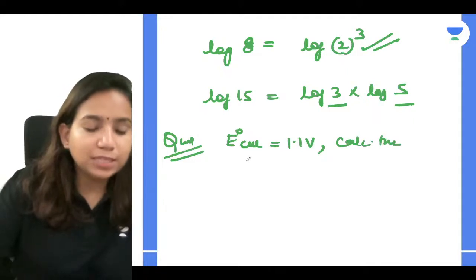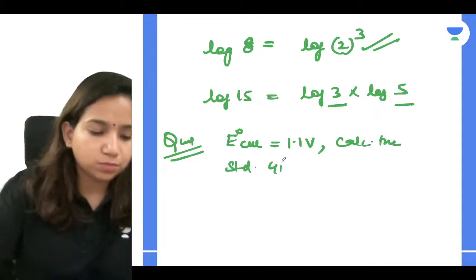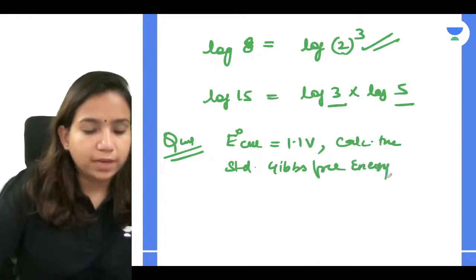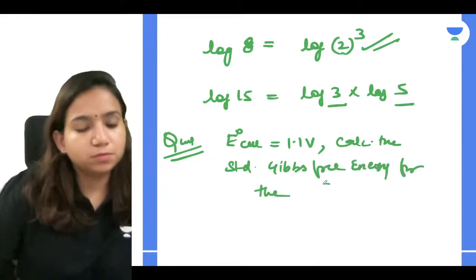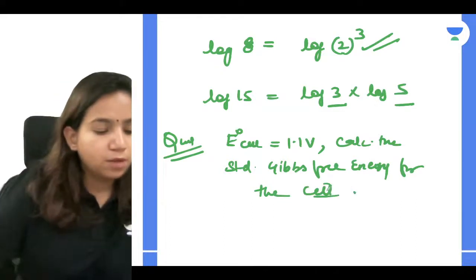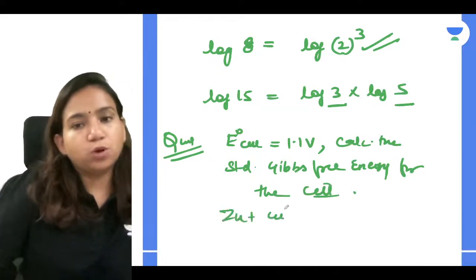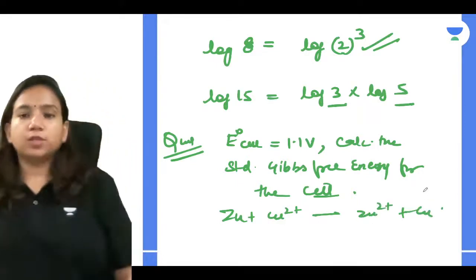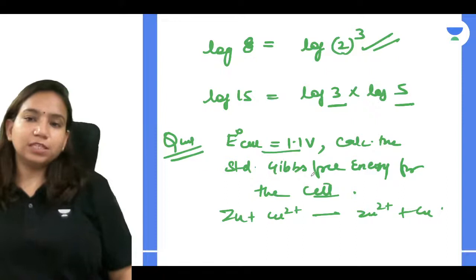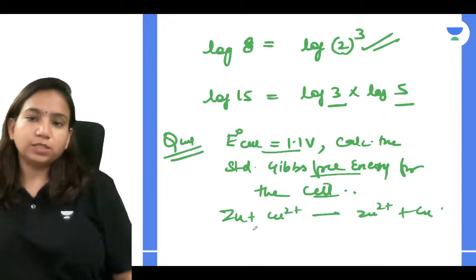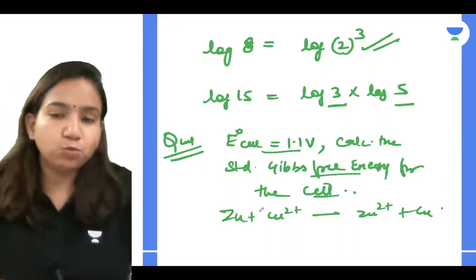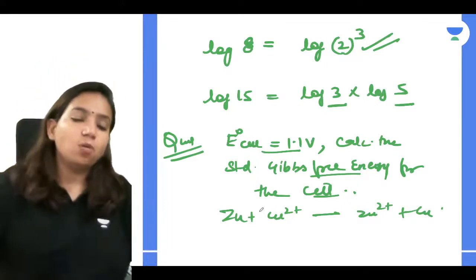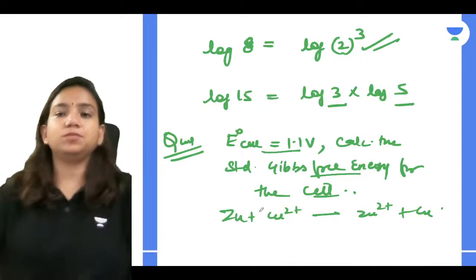Calculate the standard Gibbs free energy for the cell, which is Zn plus Cu2 positive gives Zn2 positive plus Cu. So they are saying E naught cell is given. Calculate the standard Gibbs free energy for the cell, which is Daniel cell only. Everyone should try to do it and tell me how we can do it. It's a simple thing.